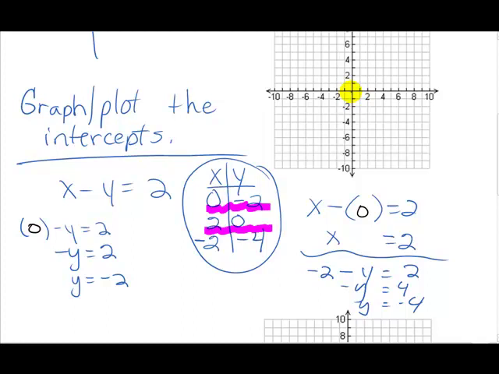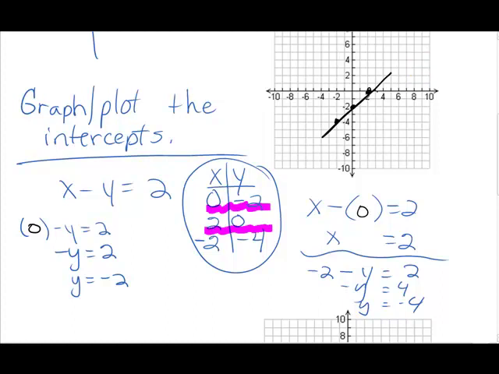So 0 and negative 2, 2, 0, and negative 2, negative 4. Okay, find something with a straight edge and connect the dots right in the corners if you can. Well, my pen's not going to cooperate again, but you get the idea.